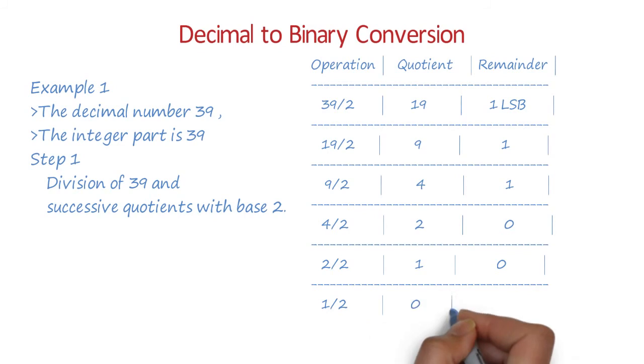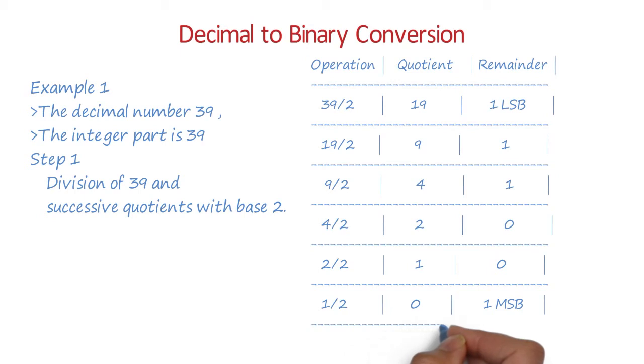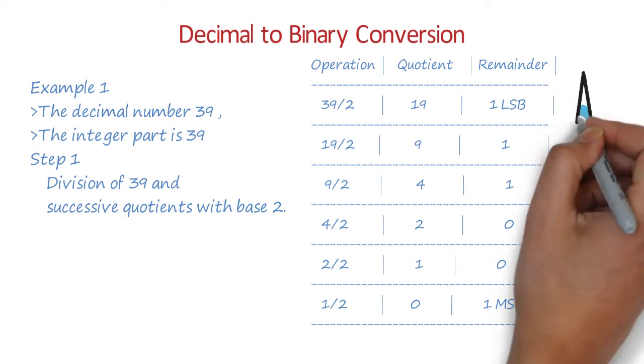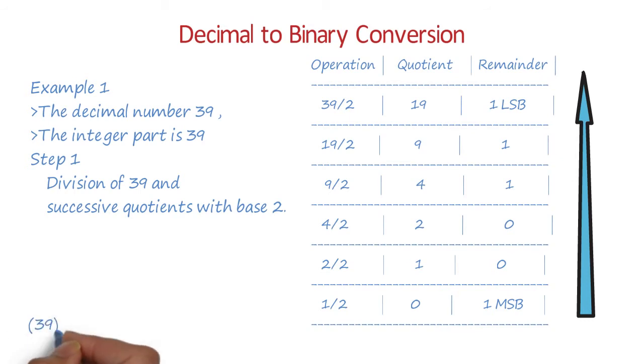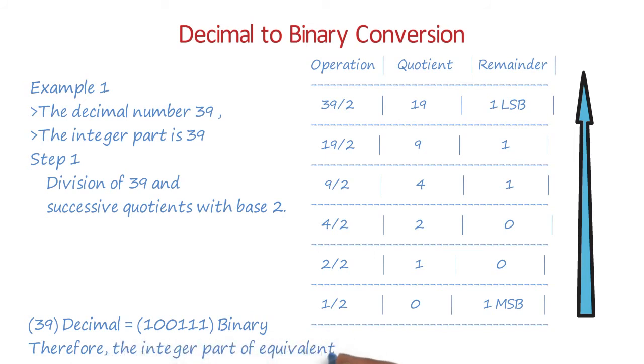After that, 1 divided by 2, the quotient will be 0 and remainder will be 1. So we have to read these remainders in the opposite order, and this will turn into 100111, which implies that 39 of decimal is 100111 of the binary.